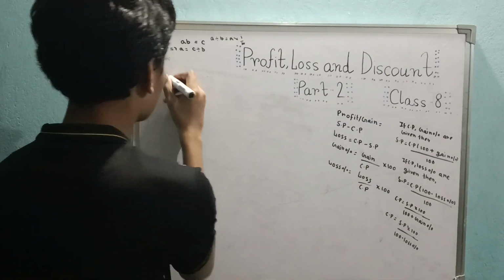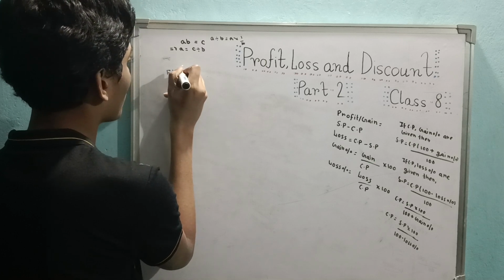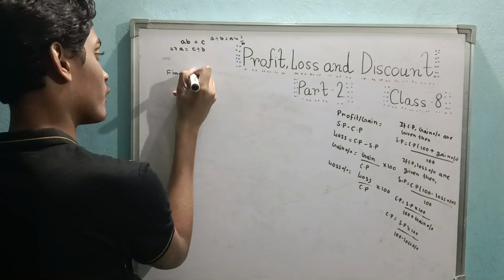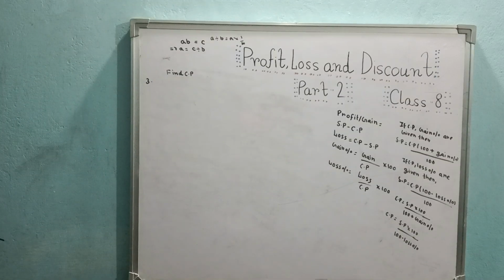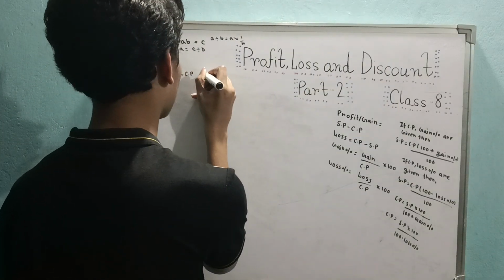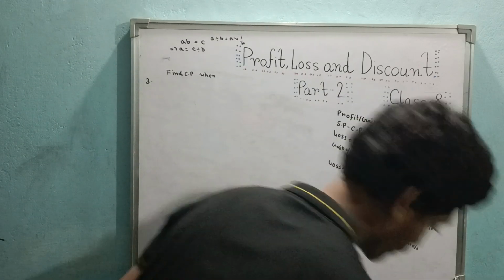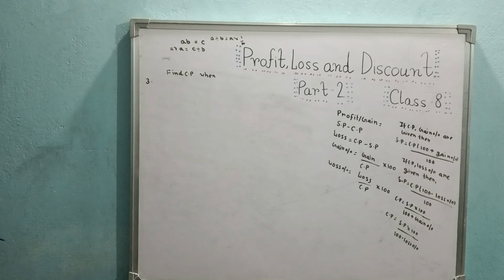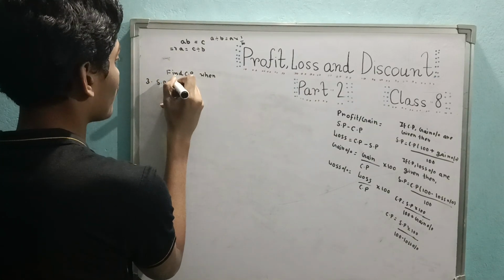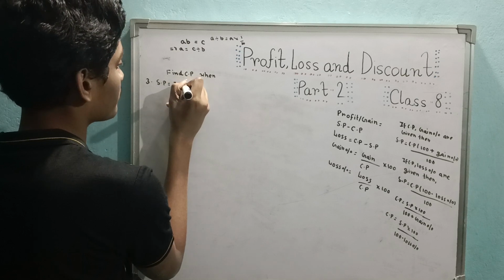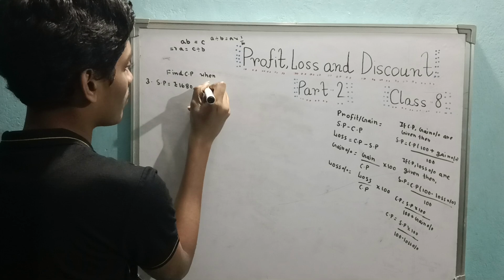Now, find CP. Under this heading also two questions are there. Question 3, what is it? Another gain is there. SP is 1680, gain equal to 12%.